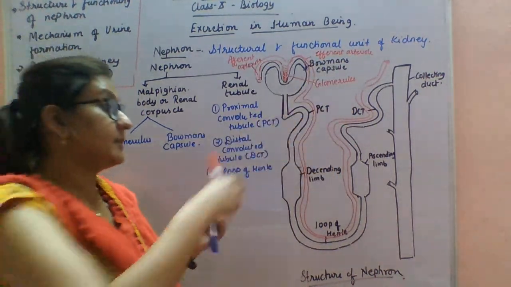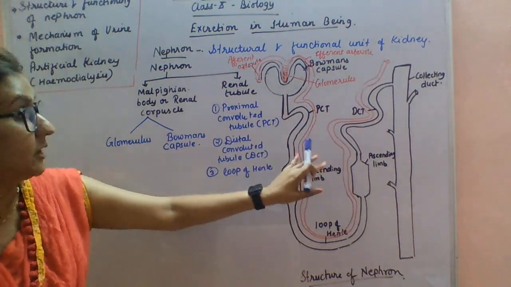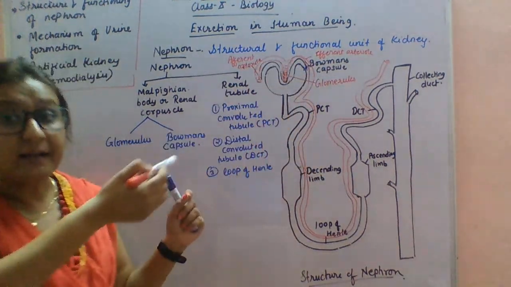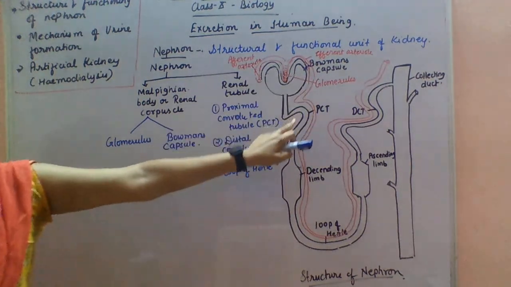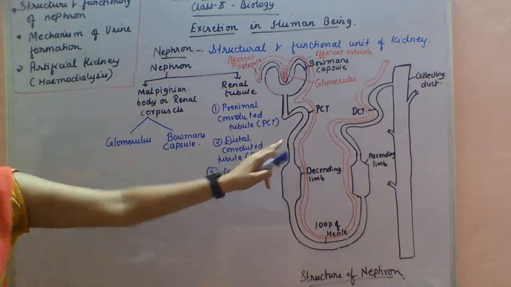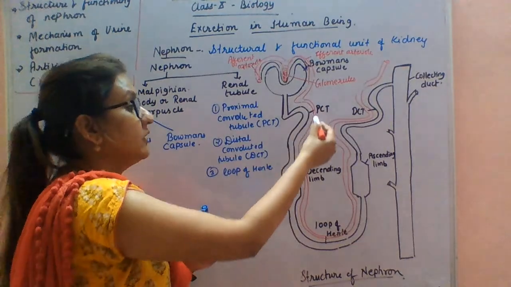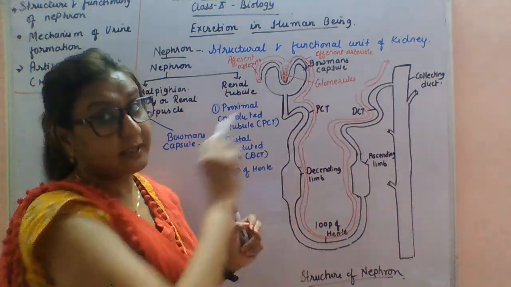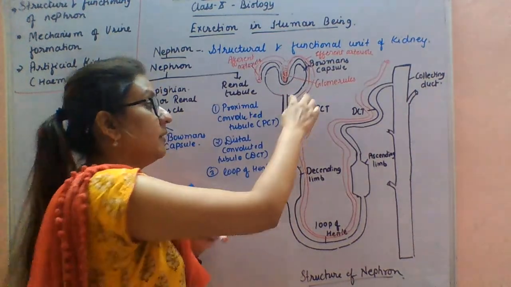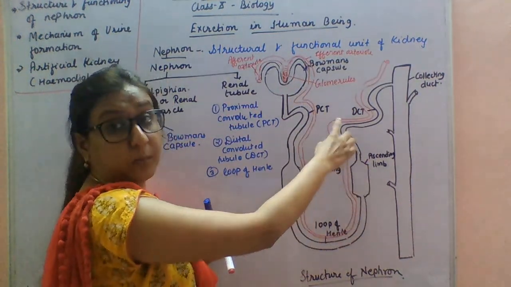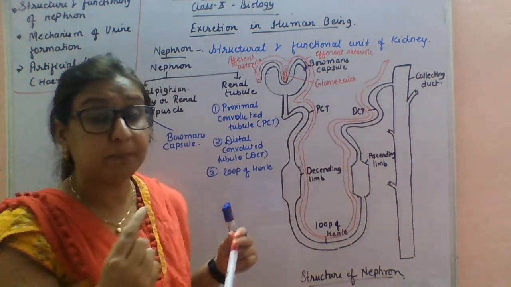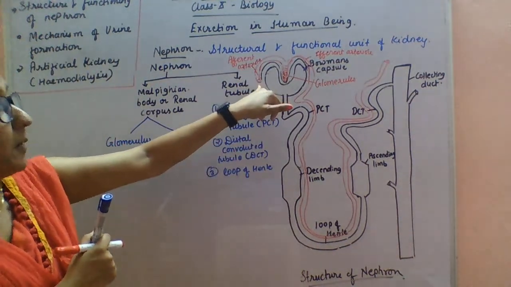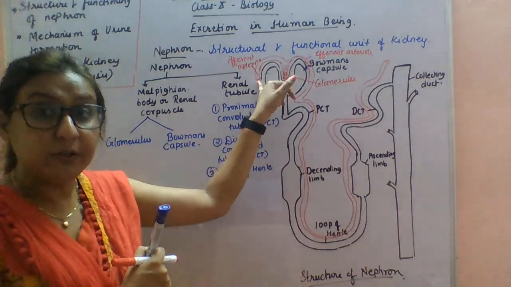Okay, so this tubular structure, see the blood capillaries, or you can say the blood vessels, are present having very close proximity to the tubular structure. See here, from here the blood enters.